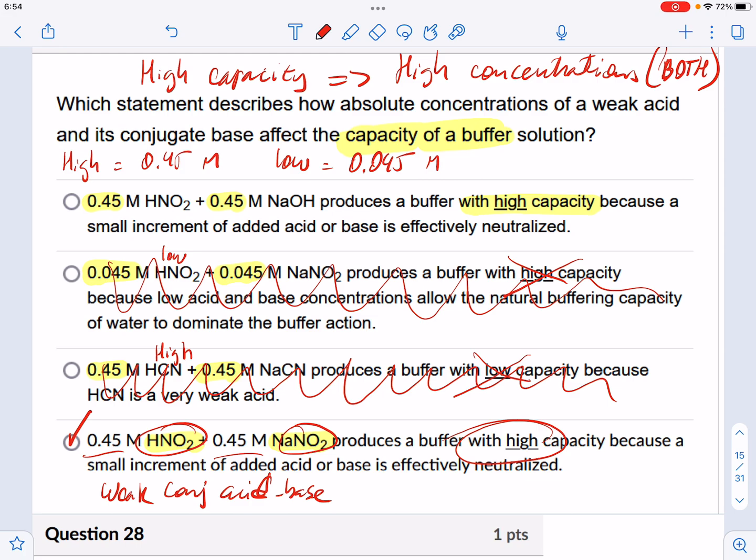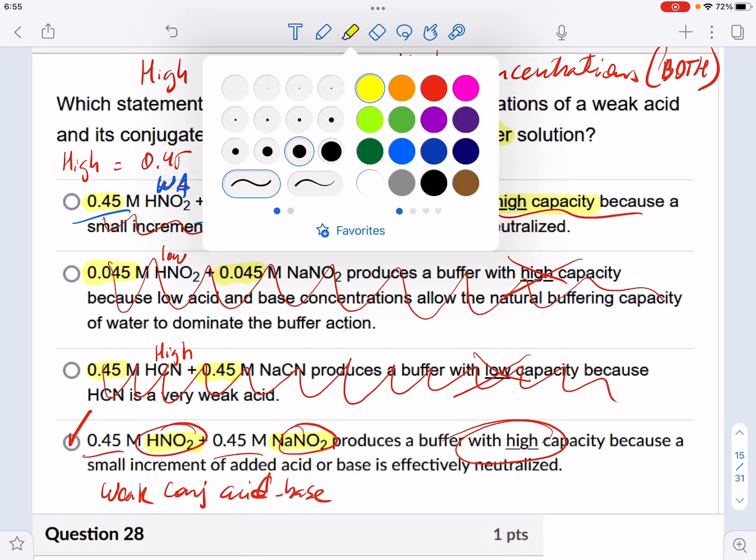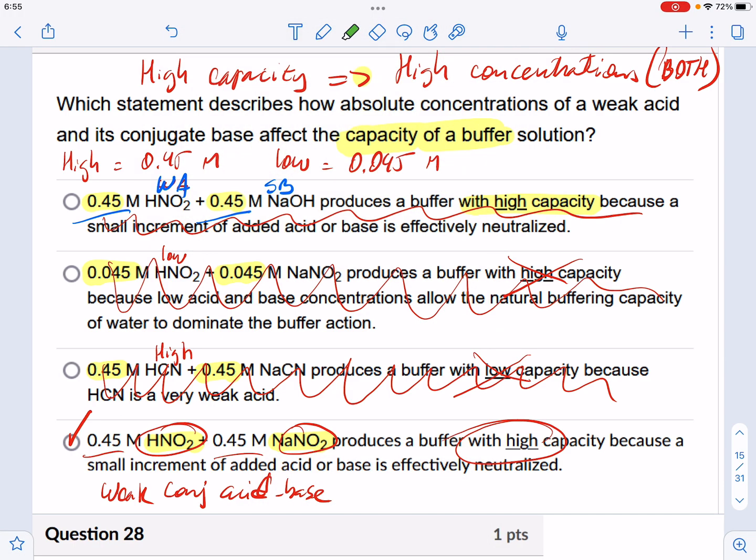Why is this one not the case? Because you have a weak acid with a strong base, okay, and you have equal concentrations of both, so they will completely react, and then you only have, in this case, you only have the conjugate base present.